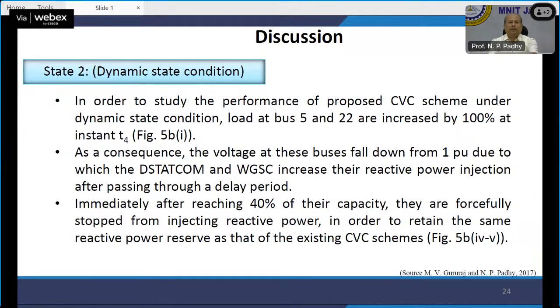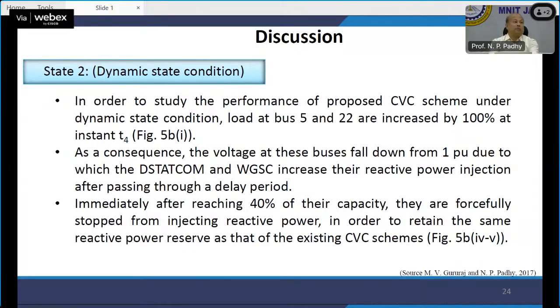As a consequence, the voltage at these buses will fall from 1 per unit to 0.8 or 0.85, very seriously, and the D-STATCOM and WGSC increase their reactive power injection after passing through a delay period. So what will happen? There is a switching, load increase, voltage drop, and these two actually come into action, both your D-STATCOM and wind grid converter.